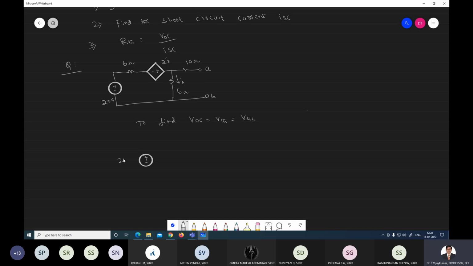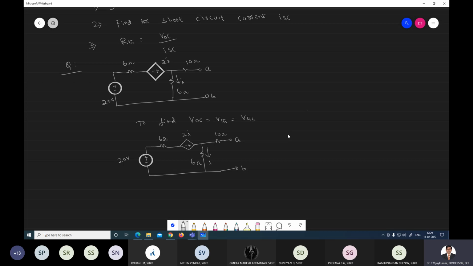Plus minus, this is 20 volt, and this is your resistance, it is 6 ohm, and it is there here, minus plus, this is your 2I, and here this is resistance, and this is your 6 ohm, and this is your I. Okay, and here it is resistance, it is 10 ohm, and this is the point A and B.